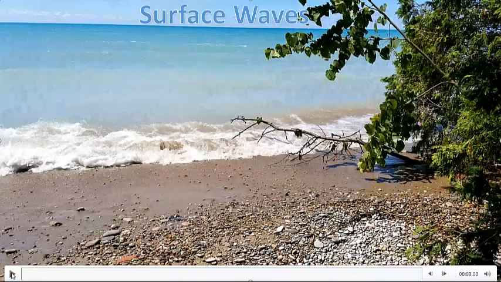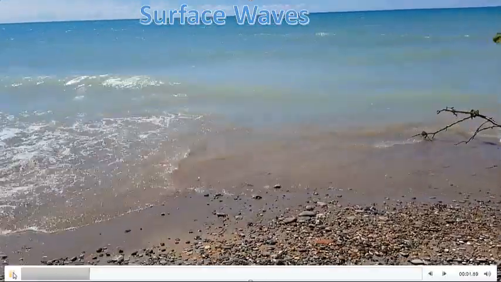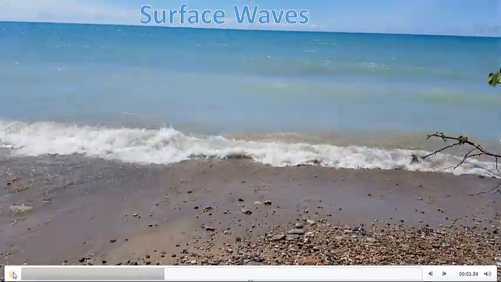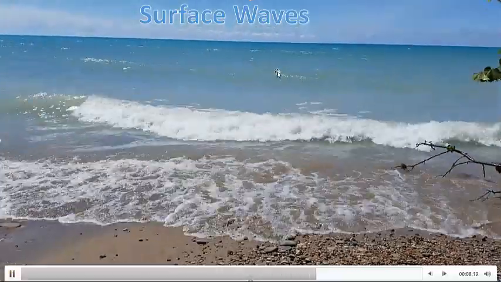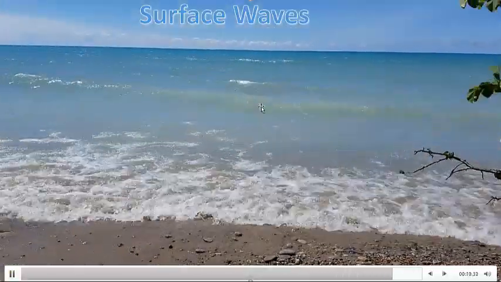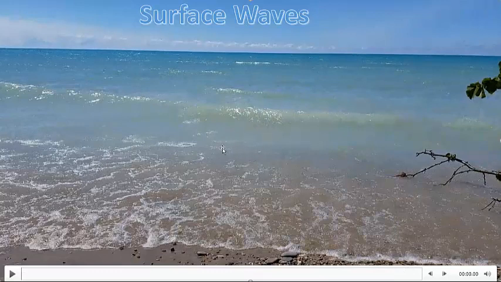So here is a video I took of the surface waves at the lake that I spend a lot of time at in the summer, and you can see that the waves come in and they propagate towards the shore, and when they get to the shore they crash. So what exactly is going on with the water molecules to make these waves do what they do?